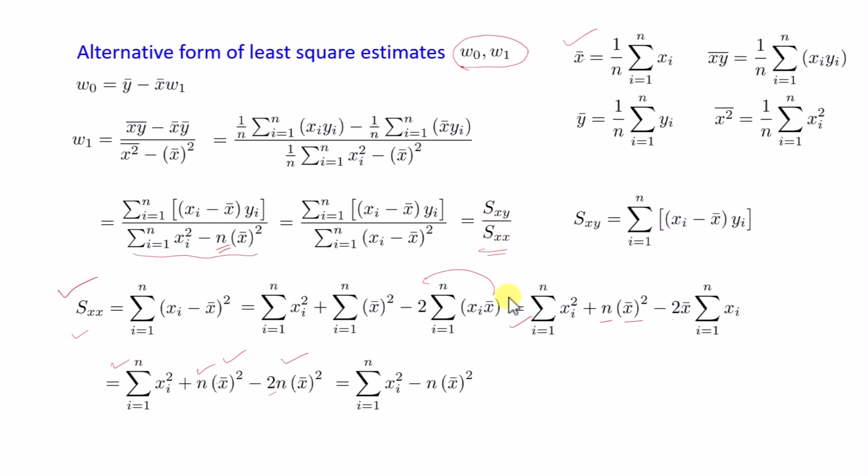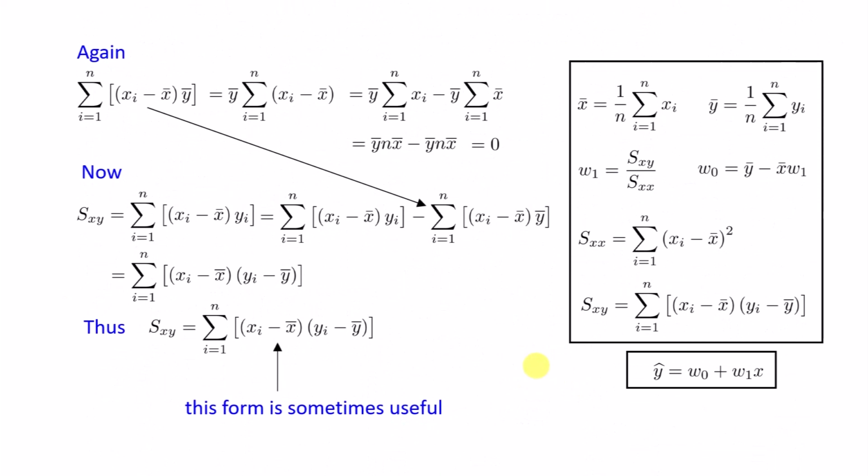Now I am going to do something with this Sxy that I have defined. I am going to find an alternative form for Sxy. So what I do here is I start from this expression, xi minus x bar times y bar, which is equal to y bar, I am taking y bar out, and I have this xi minus x bar inside.